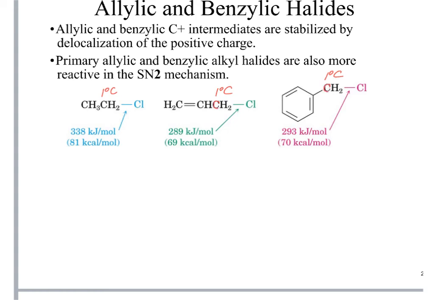So since allylic and benzylic alkyl halides have somewhat weaker bonds that are easier to break, they will lower the activation energy for the rate determining step. Some types of halides and tosylates do not undergo SN2 mechanisms, in addition to the primary ones that we already discussed.